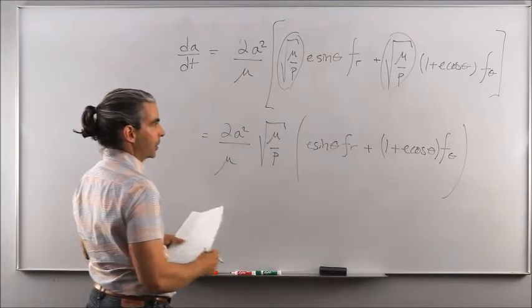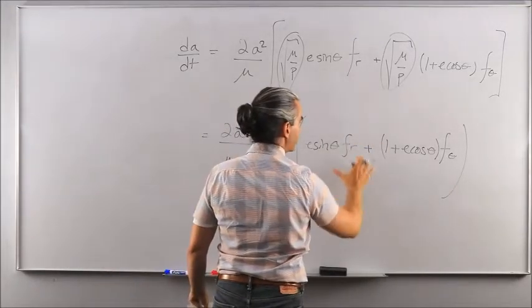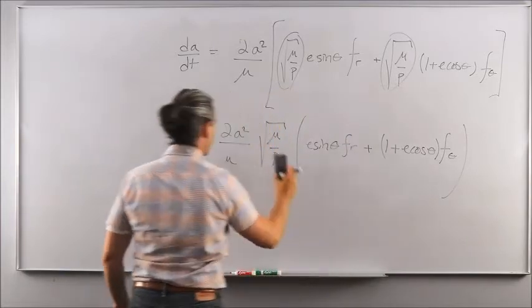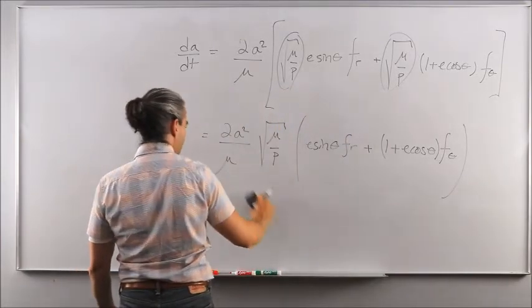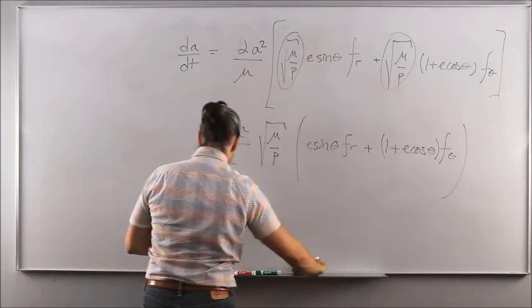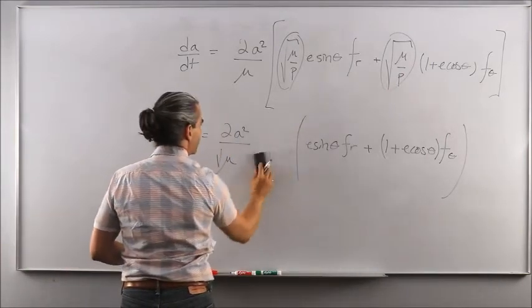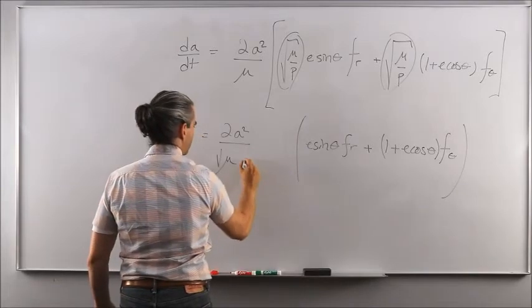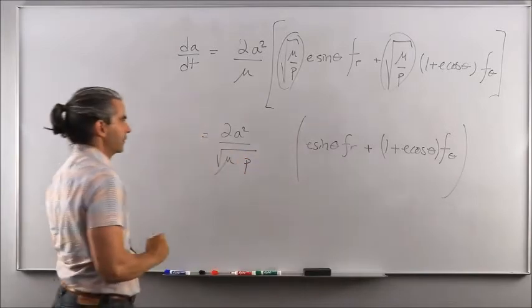There's not much we can do with what's inside those parentheses, but what we can do is to further simplify this by writing it as the square root of mu p on the denominator, just like that.